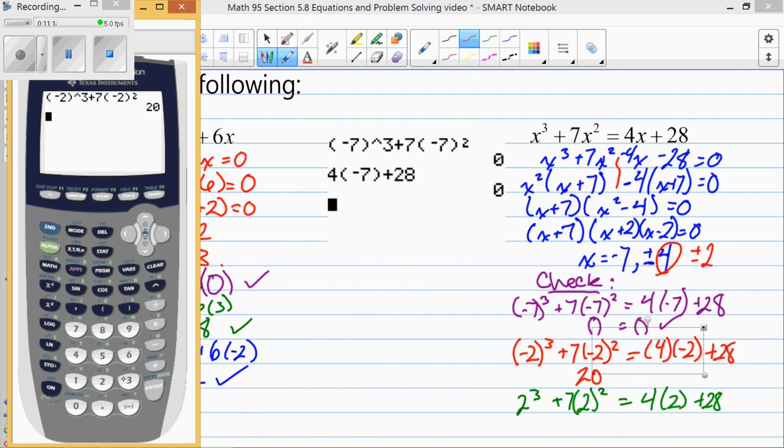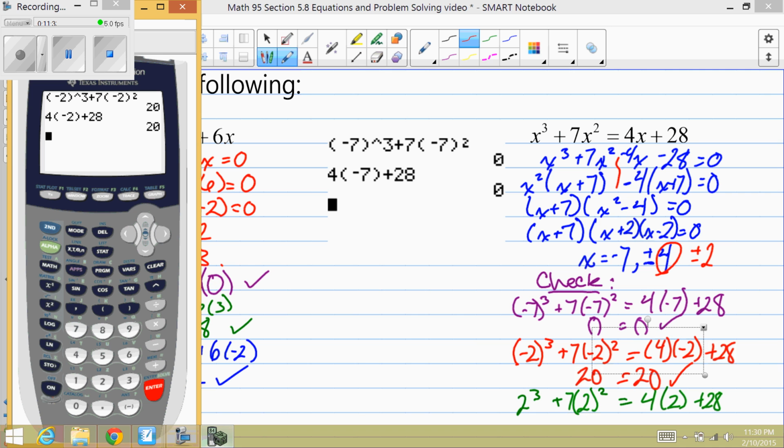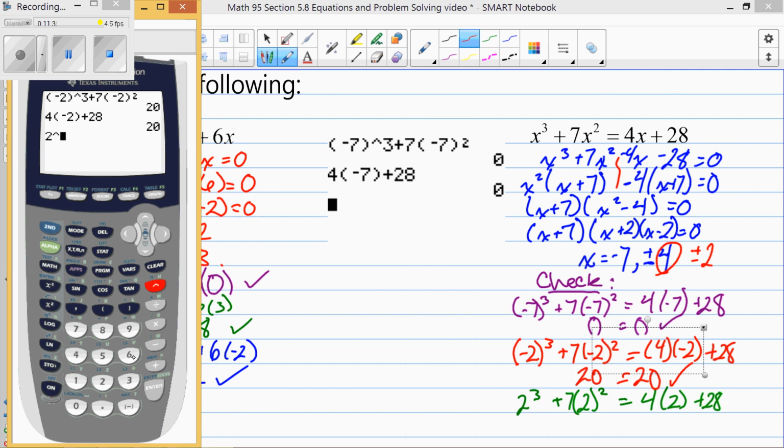And 4 times negative 2 plus 28 will give me a 20. And lastly, 2 to the third power plus 7 times 2 squared gives me a 36.